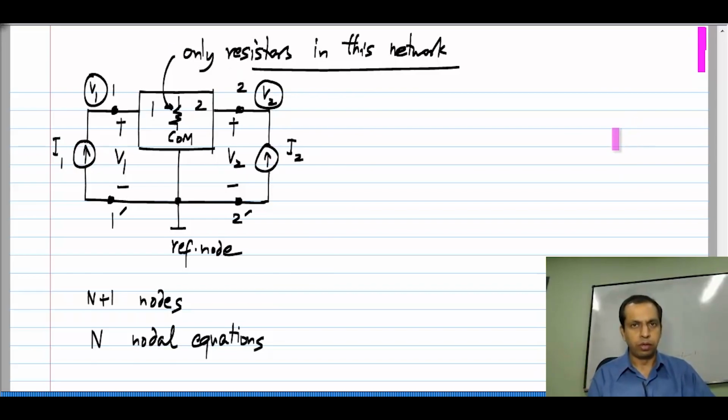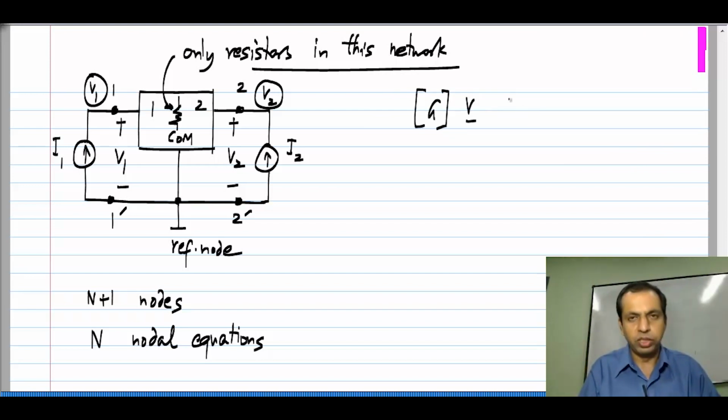And there are only two independent sources in the circuit, I1 and I2, because inside we have only resistors. So, now clearly the nodal analysis equations for this can be set up as some G matrix times the unknown voltage vector equaling the independent source vector, which consists only of current sources in this case. Now, recall that when you have only resistors and current sources, nodal analysis was easiest, and also the conductance matrix had some nice properties.